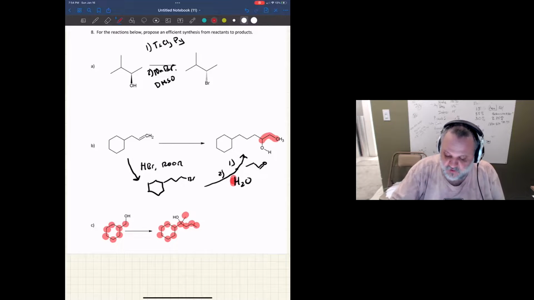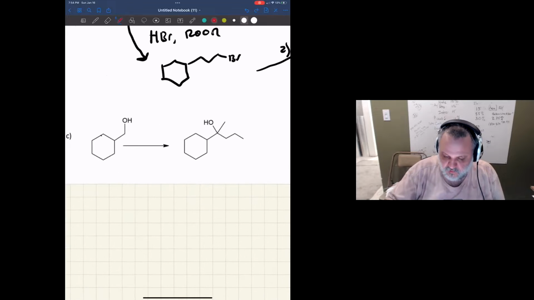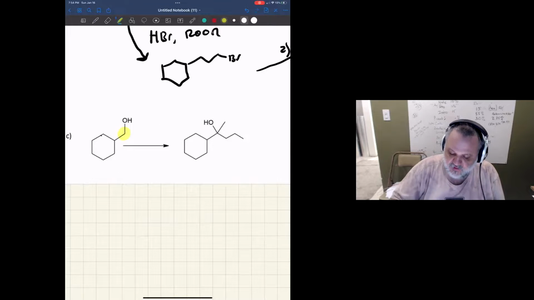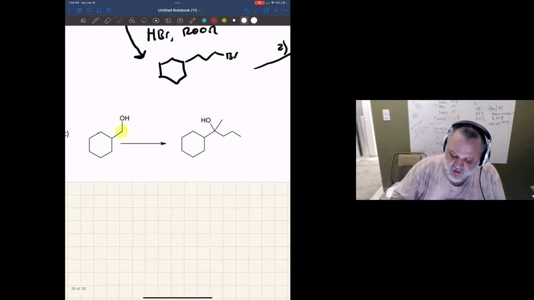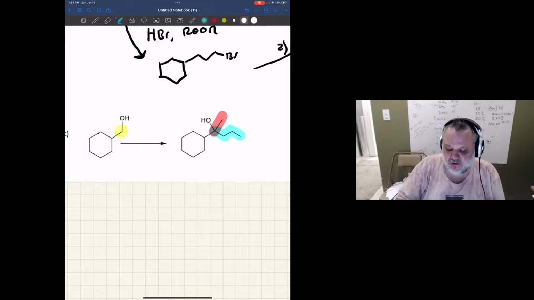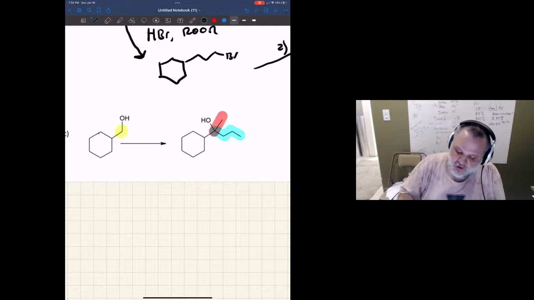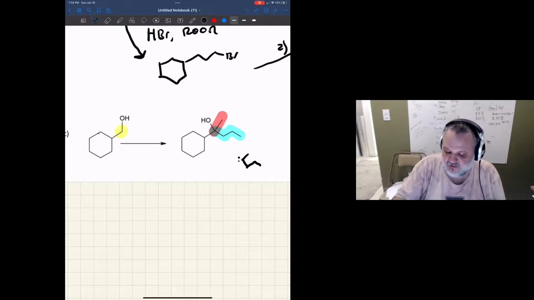I'm going to add some carbons, but the other thing to look at is that I'm adding carbons to this location, but it looks like I have to add them in a branched fashion. So there's not a way that I could add a carbon chain at a secondary position.